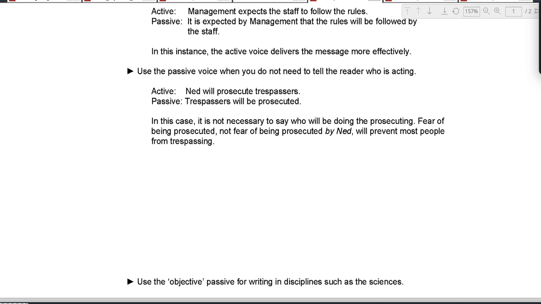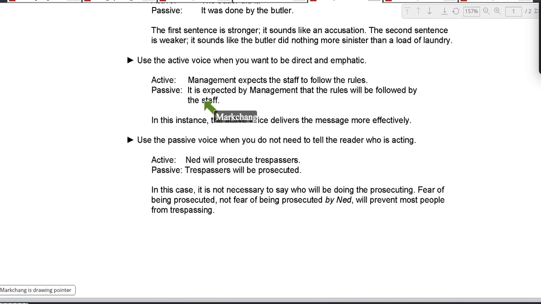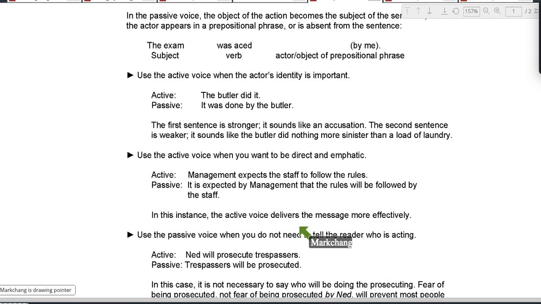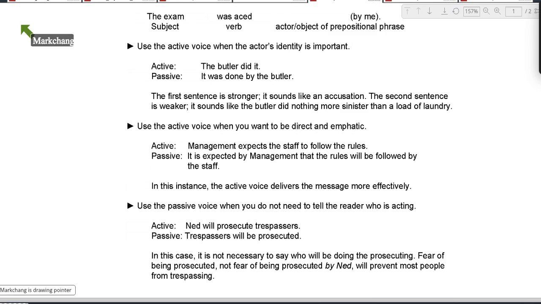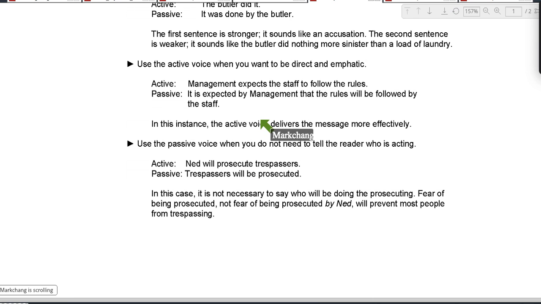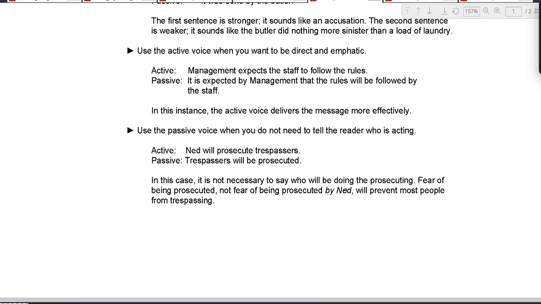The second sentence says that nothing big happened. But the first sentence says that the bullet did it. It means you are blaming. You are putting all the blame on the bullet. So you are making this sentence strong.